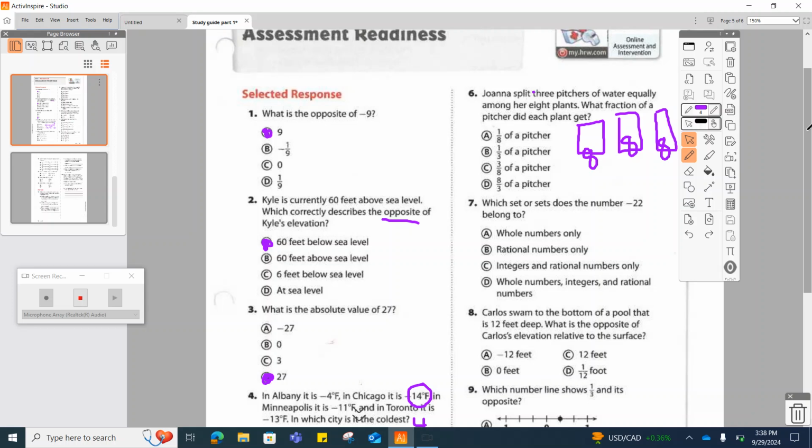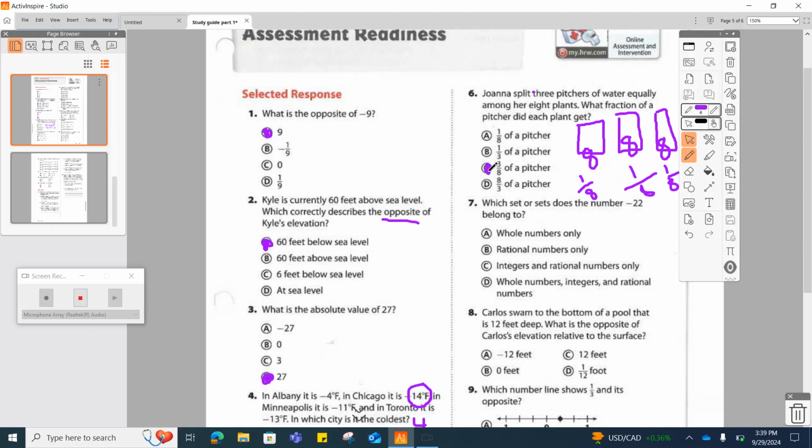And then she poured that second pitcher on 8 plants. She poured a little bit from each. So she basically poured 1/8 on each plant. So 1/8 of this one, 1/8 of this one, and 1/8 of this one. Each plant would get 3/8 of a pitcher.